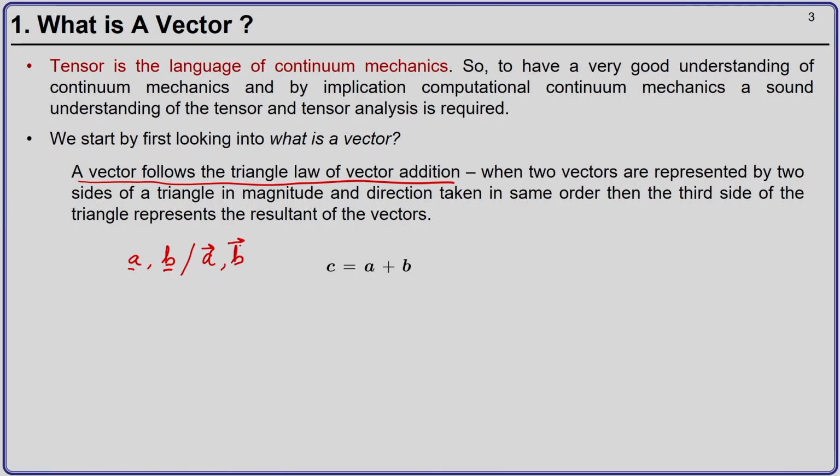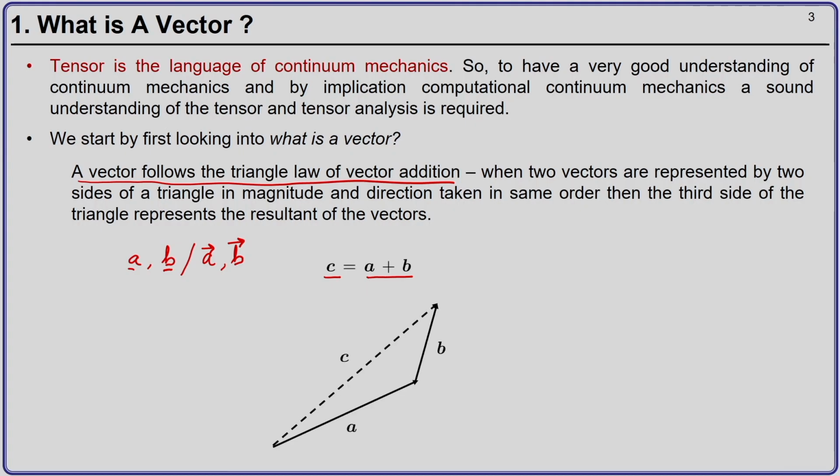But in continuum mechanics courses we do not put arrows; that is not usually followed. What is usually followed is that we put an underbar. So, given two vectors A and B, the resultant of these two vectors, A plus B, will be another vector C.